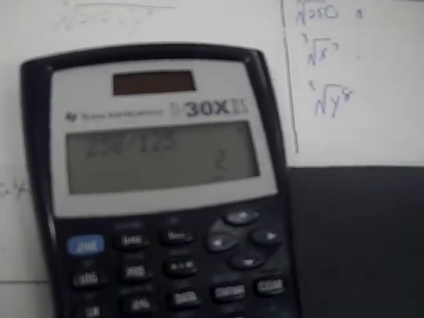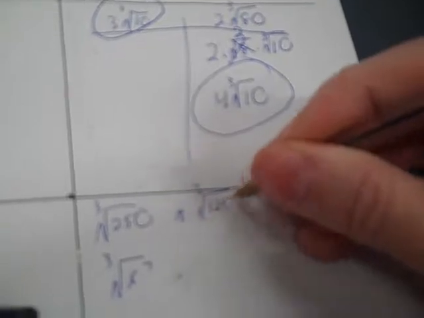Divided by 125, yep. Okay, so I make 2 cubed roots. One of them has a 125, the other has a 2. Okay, so the cubed root of 125 is 5. So 5 cubed root of 2.